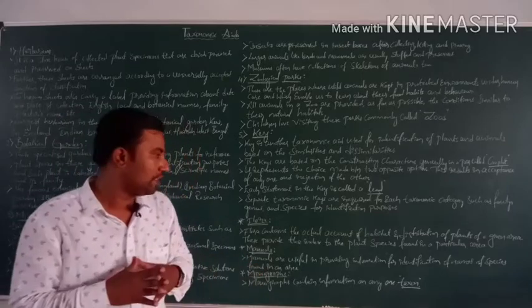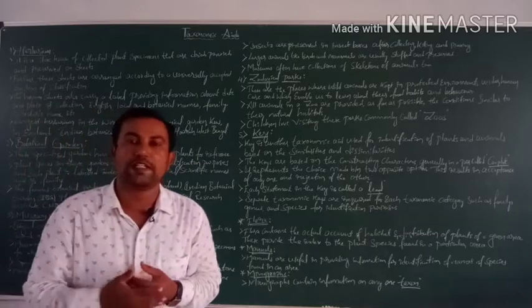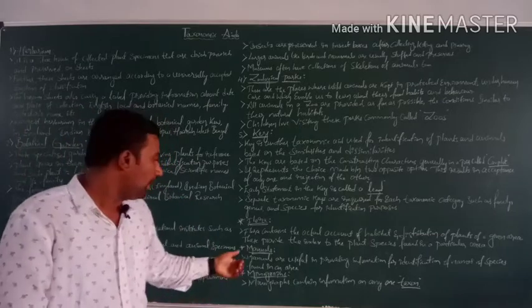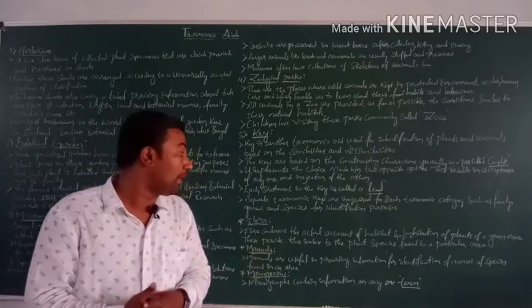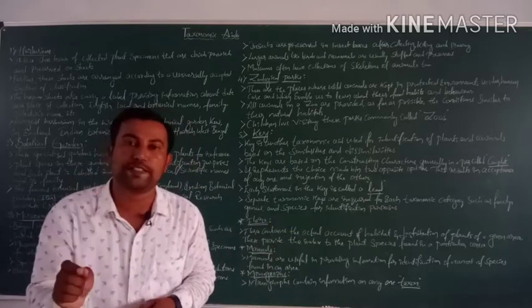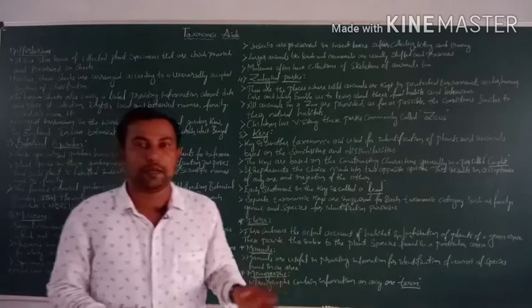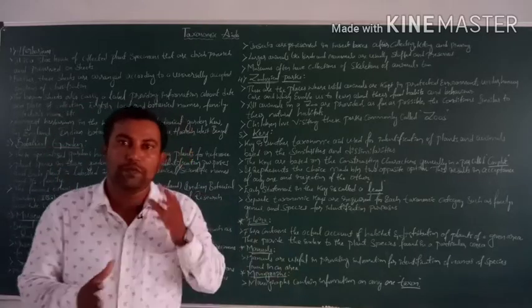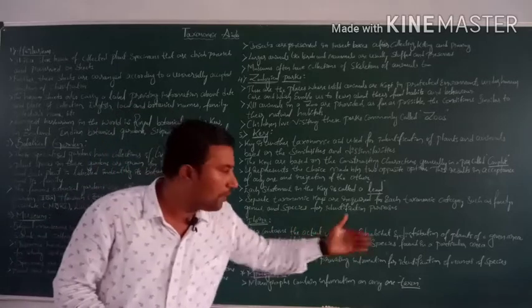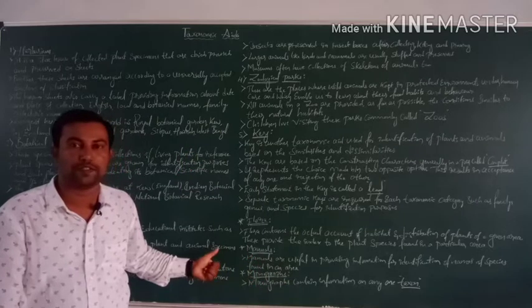Manuals are especially required in the case of plants and animals also. The manuals are useful in providing information for identification of names of species found in one particular area. When we know what kind of species are found there, then only do we have to use these manuals.